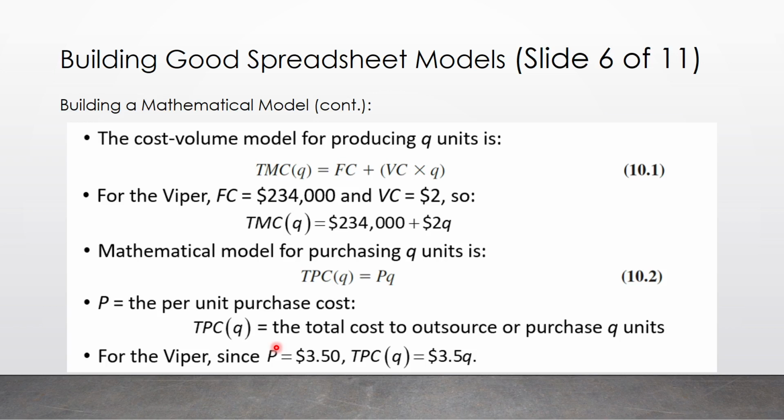So TPC of Q is equal to P times Q. For the Viper, since P is $3.5, equation 10.2 becomes TPC of Q equal to 3.5 Q. Thus, the total cost to outsource 10,000 units of Viper is TPC of 10,000 equal to 3.5 times 10,000, equal to 35,000.